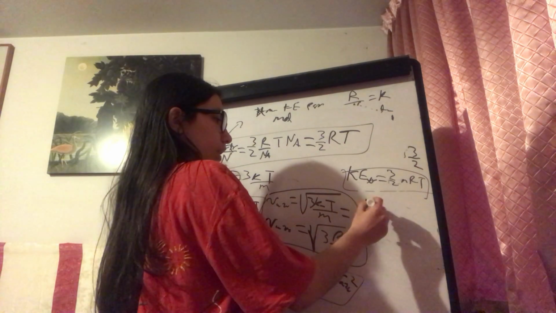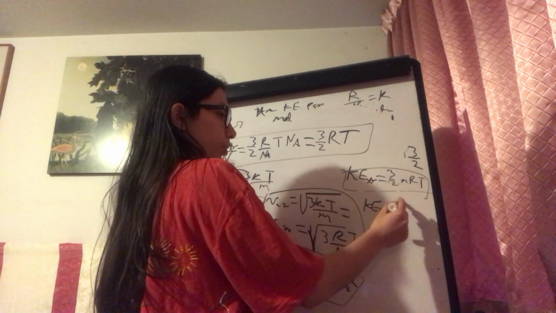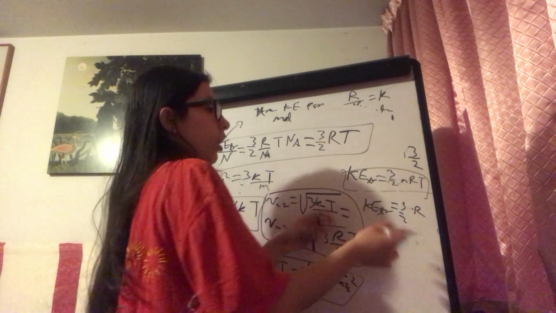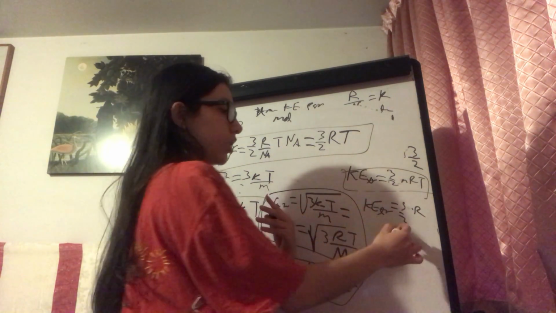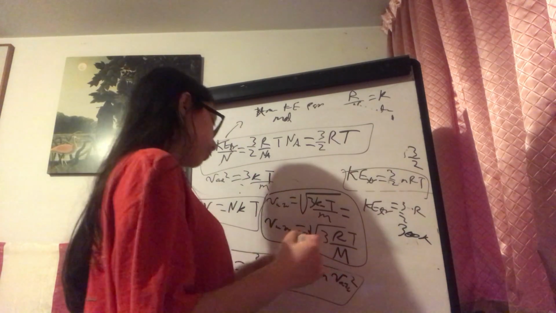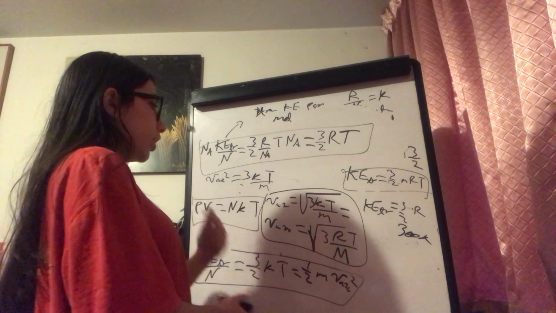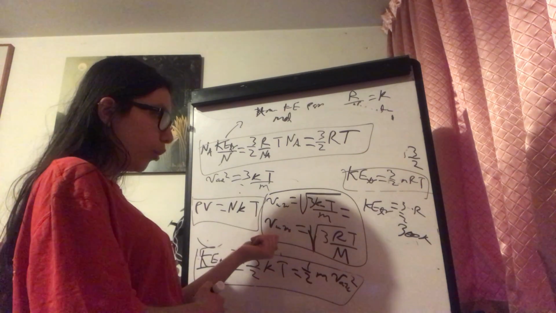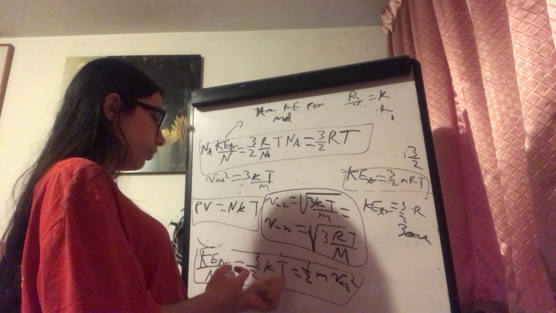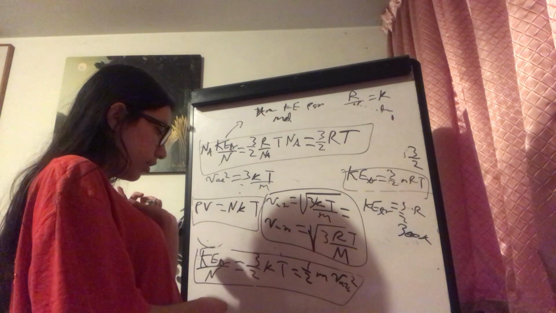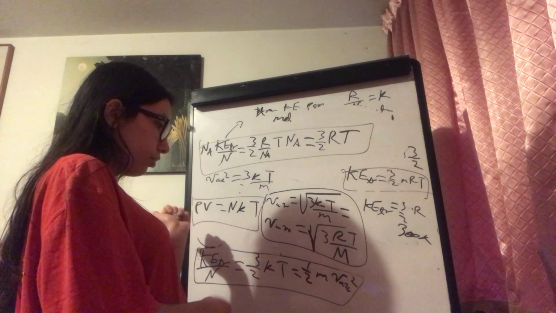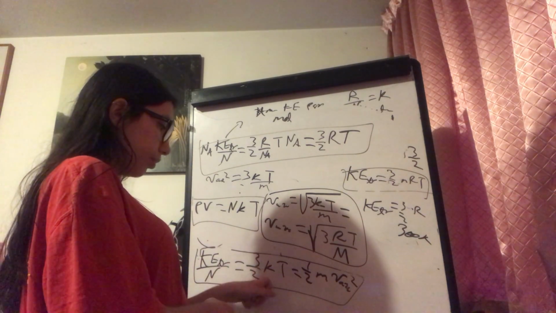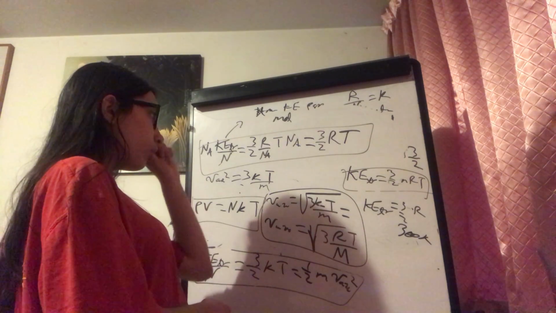Then this will be the total kinetic energy, and this will be 3/2 of 1 mole times the universal gas constant, whatever it be, times the temperature. 27 degrees Celsius is the same as 300 Kelvin. The other is, what is the translational kinetic energy per molecule at 27 degrees Celsius? So here we have it, 3/2 times the Boltzmann constant at that temperature.